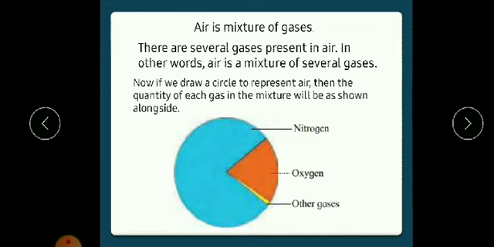Now, if we draw a circle to represent air, then the quantity of each gas in the mixture will be as shown alongside. However, the largest part of air is made up of still another kind of gas. This gas is called nitrogen.